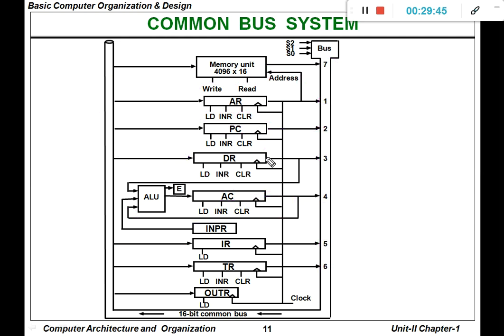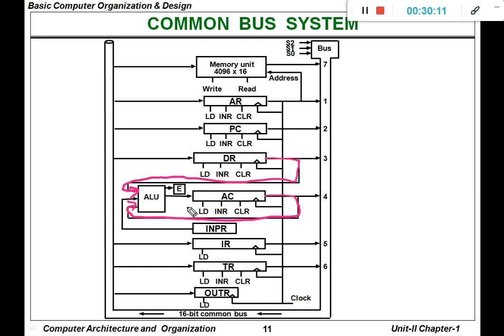From DR also. That is, one operand is fetched from DR to the arithmetic logic unit. Another operand will be stored in the accumulator register, and this is fetched from the accumulator register. Using these two operands, we are going to perform the arithmetic operation.